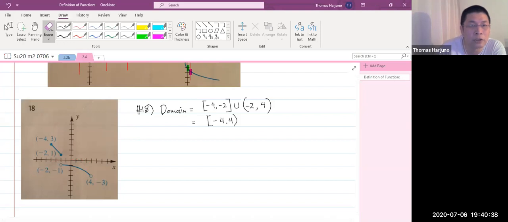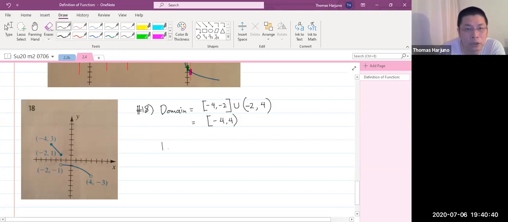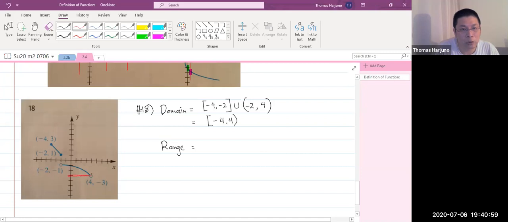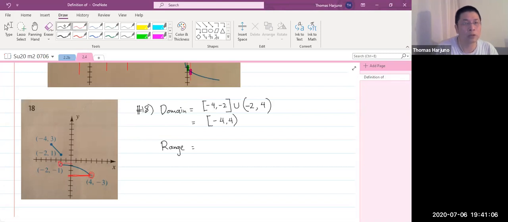How about the range? For the range, we look at the y. The y starts from -3, not including -3 because it's an open circle here, up to -1, not including -1 because it's an open circle.